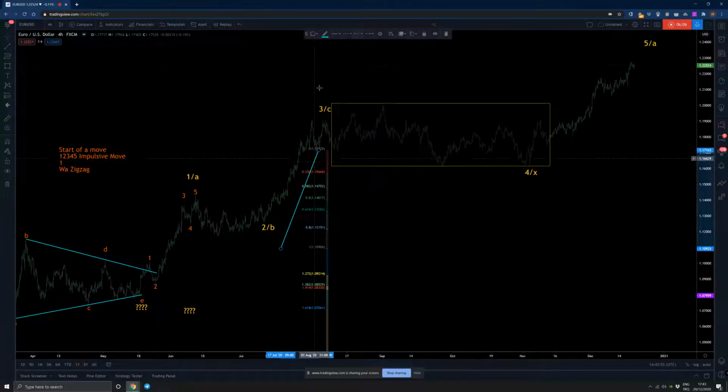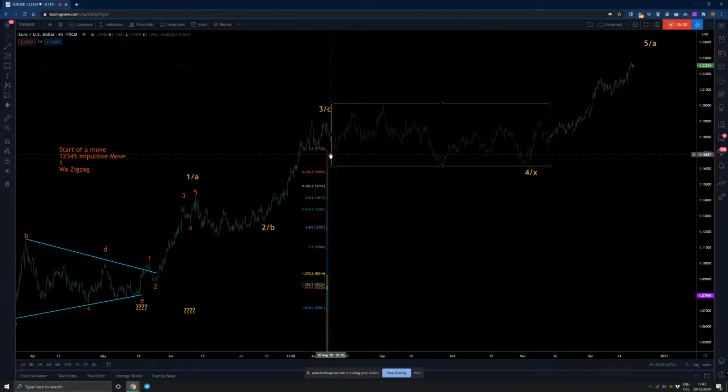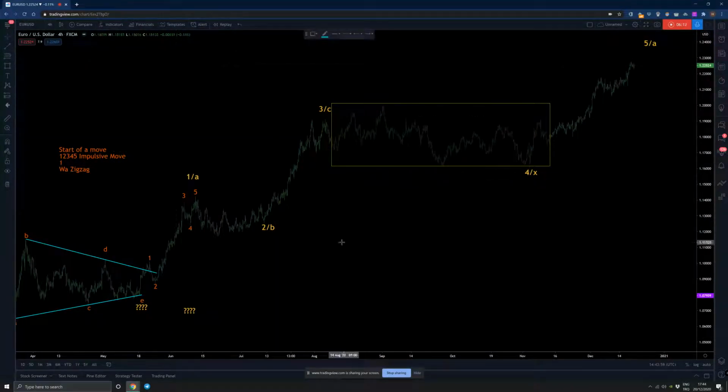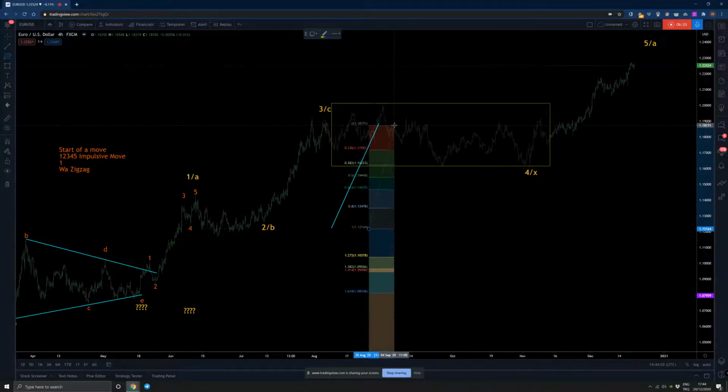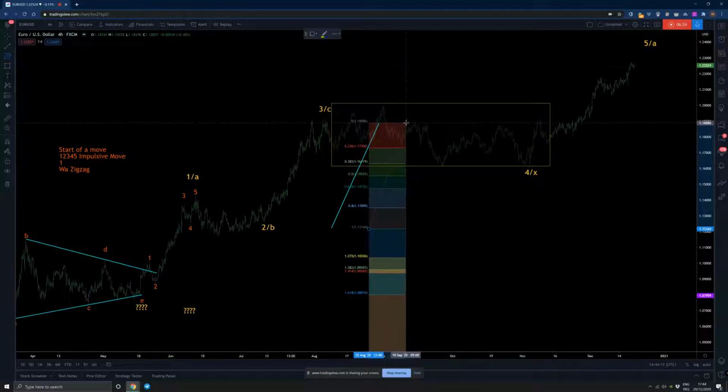So what I do is I go on with the same scenario but from a different direction. So I know that the third wave cannot be the shortest. So this is why now I take the length of the third wave and take 161.8 out of it. Okay, because the third wave cannot be the shortest.